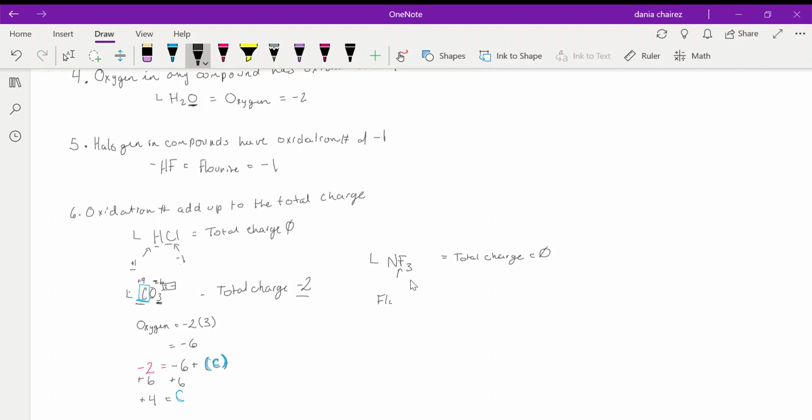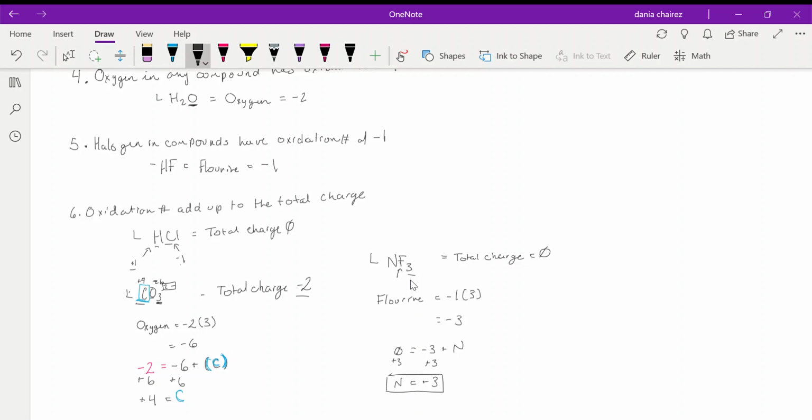So then fluorine, which is equal to a -1 times 3, because we have 3 of them, gives me -3. And then to set up our equation to solve for N, 0 is equal to -3 plus N, plus 3 on both sides, so that N equals +3.